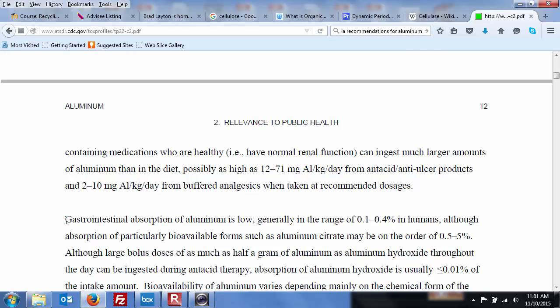So it says right here, GI absorption of aluminum is low, generally in the range of 0.1 to 0.4% in humans. Although, and here's the although, absorption in bioavailable form, meaning something that your body recognizes, like, hey, aluminum citrate, could be much higher.